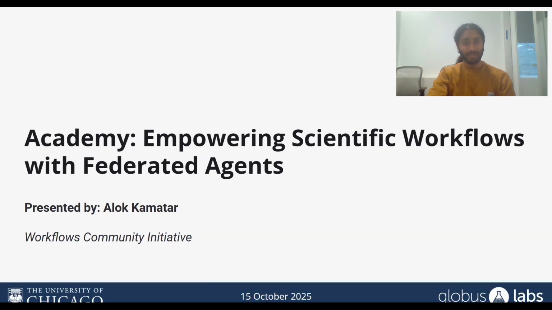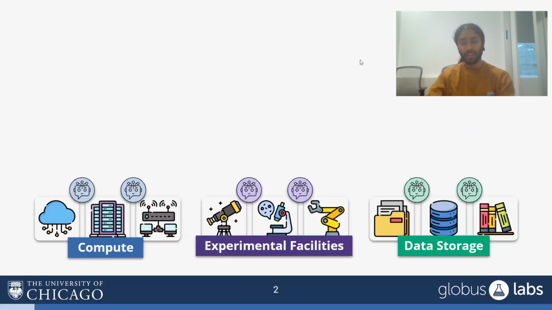So just to start out with the lay of the land, what we're talking about when we're talking about building scientific workflows is that we have this ecosystem of diverse, heterogeneous, distributed, federated resources, from computing clusters, cloud, sensors, whatever, computing resources, experimental facilities, telescopes, microscopes, self-driving labs, data storages from these experimental facilities, troves and troves of experimental results, literature from arXiv and PubMed and everything.